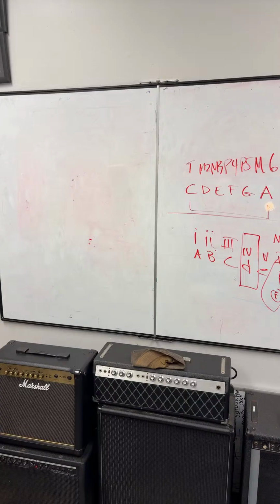I am playing A Dorian. A, B, C, D, E, F sharp, G, A. And one whole step down from A is G, correct. And so there's an F sharp, which is here.